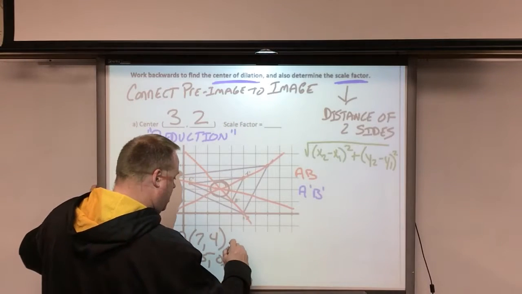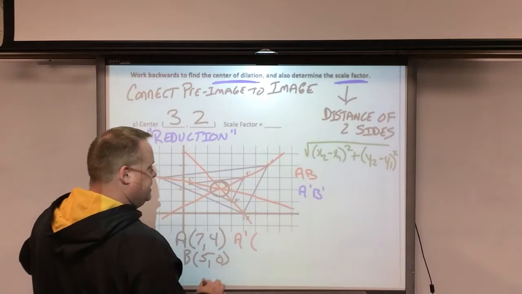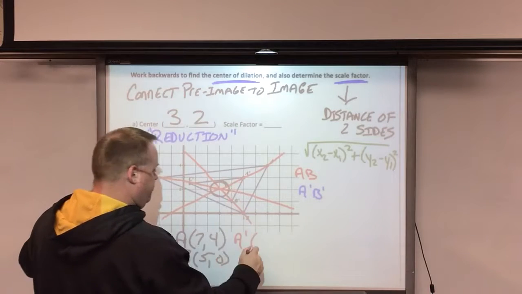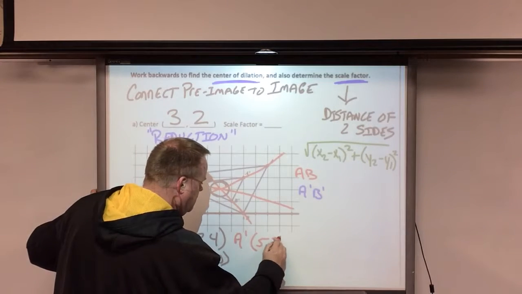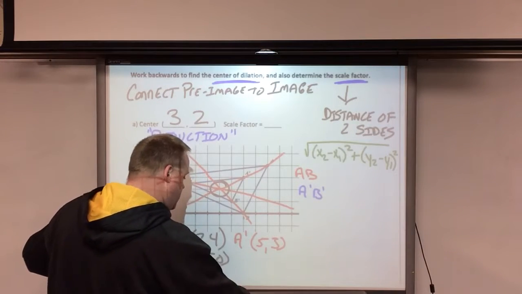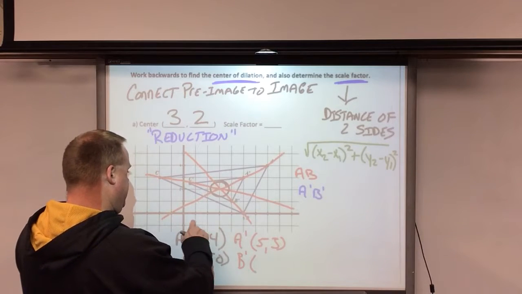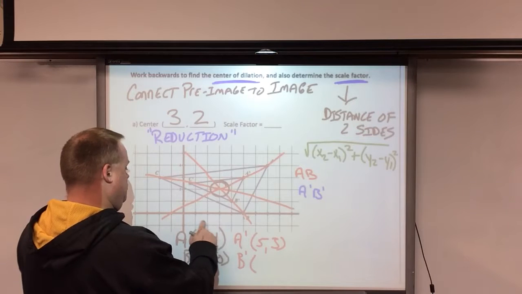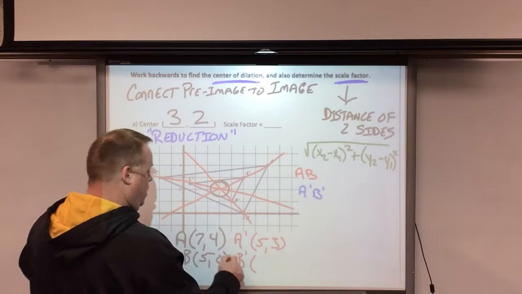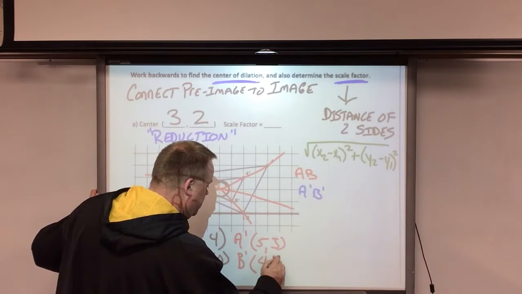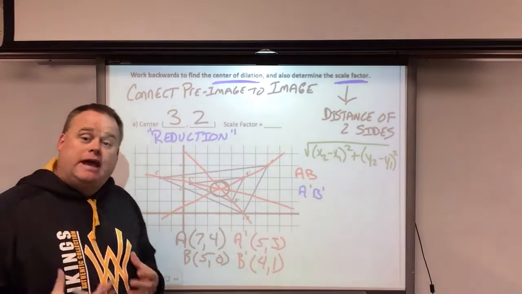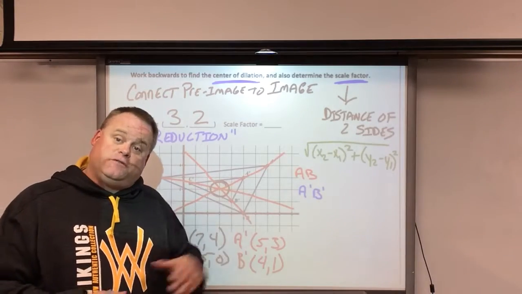And then A prime is going to be at 5, 3. And B prime is going to be at 1, 2, 3, 4, 1. So 4, 1. Now, all I have to do is plug those values into the formula.